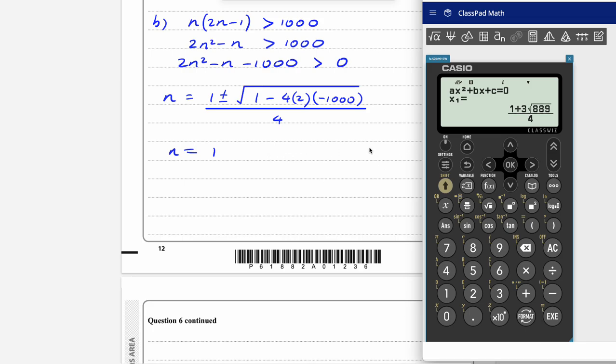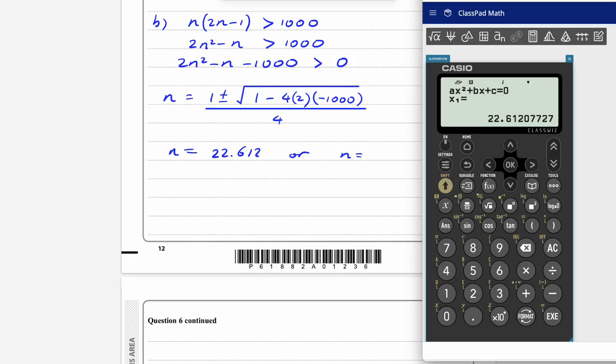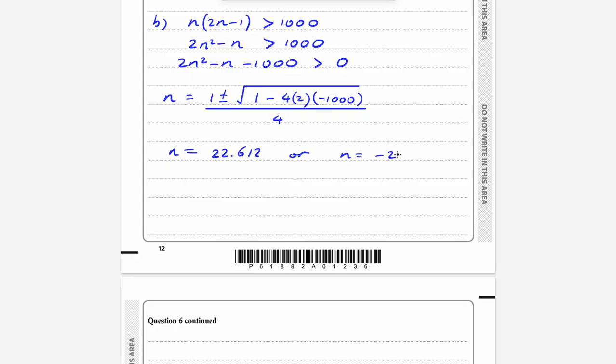So I get n equals 1 plus 3 root 889 over 4. Actually, guys, I'm going to put this as a decimal. So 22.612, or, what's the next one? The same thing, guys, as a decimal, minus 22.11.